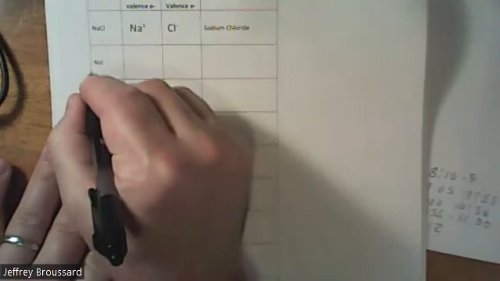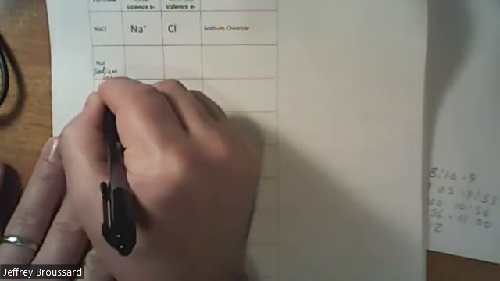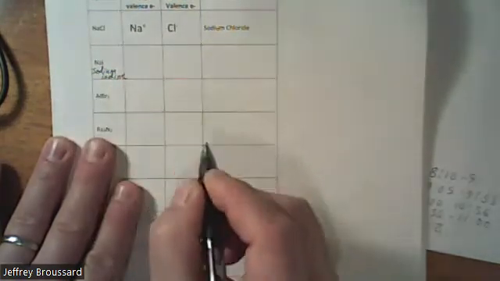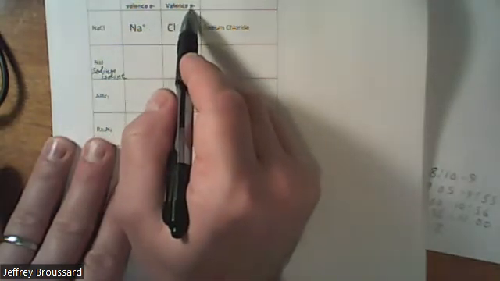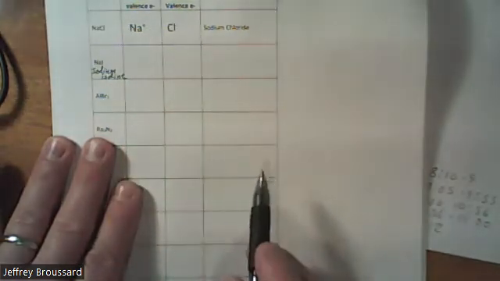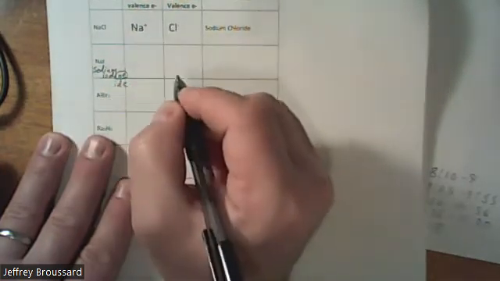We have sodium, and we have iodine. When we're naming ions coming together with a metal ion that lost electrons and a non-metal ion that gained electrons, we often drop the suffix on that and change it to IDE.